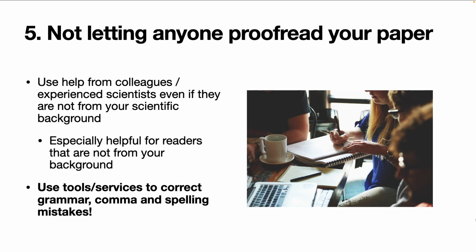You should use tools and services to correct grammar, comma, and spelling mistakes, especially in the century of AI. There are quite some websites like Grammarly or DeepL that can help you with that if you do not want to use ChatGPT, for example.